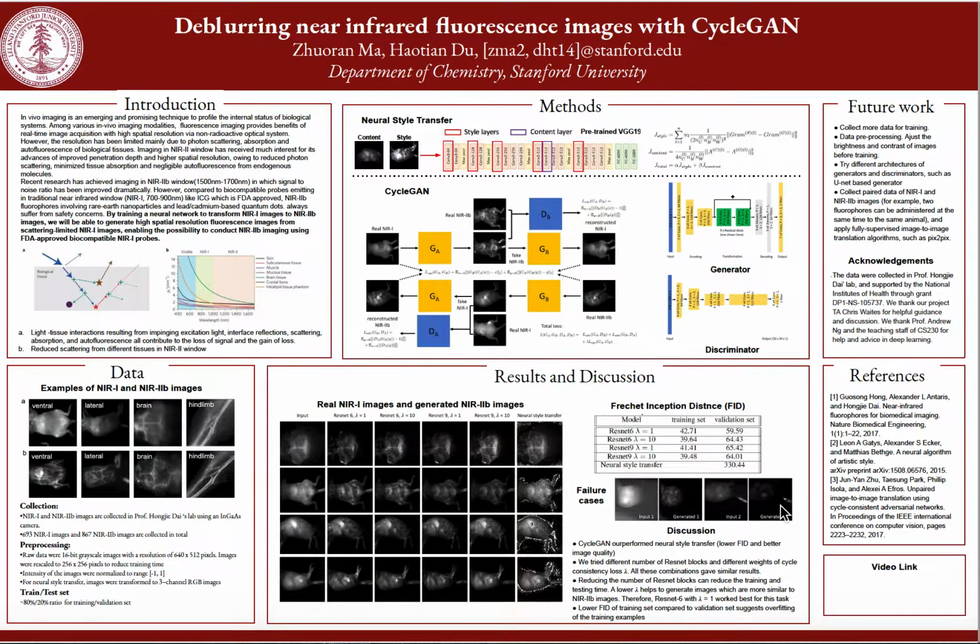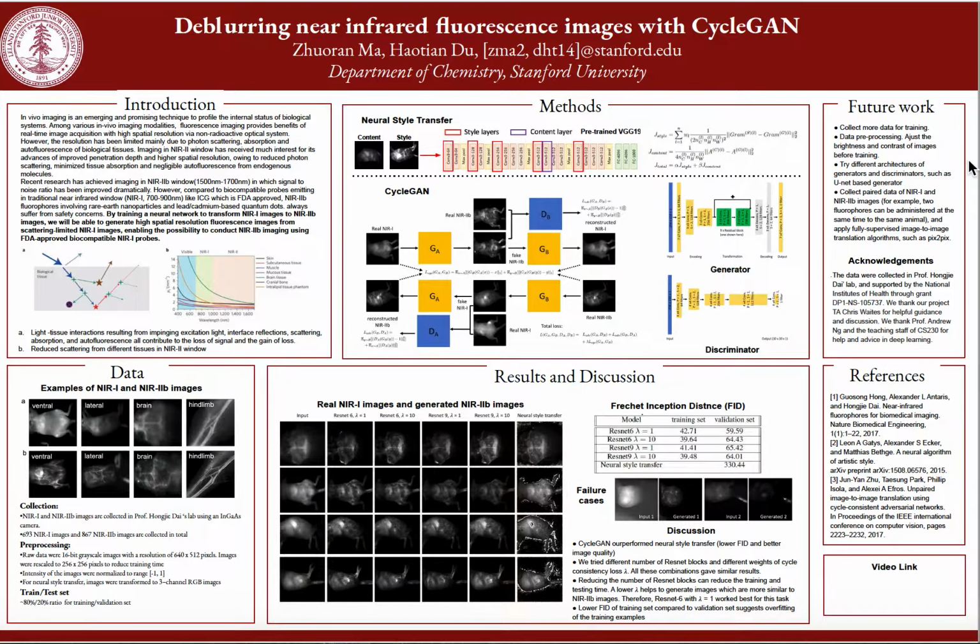In my opinion, this is probably due to the low contrast of the original near IR1 image. So the model just recognized some part of the animal as background, and it causes this kind of artificial effect. So there is still something we can do in the future.